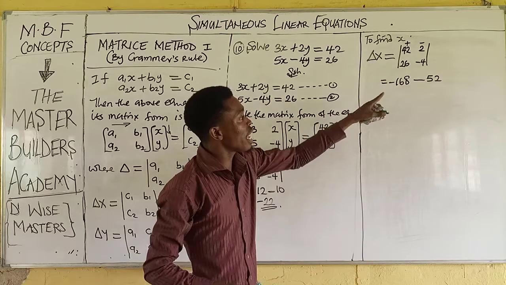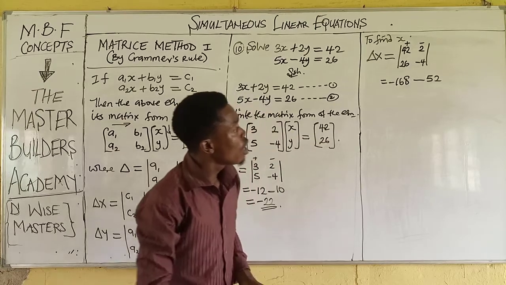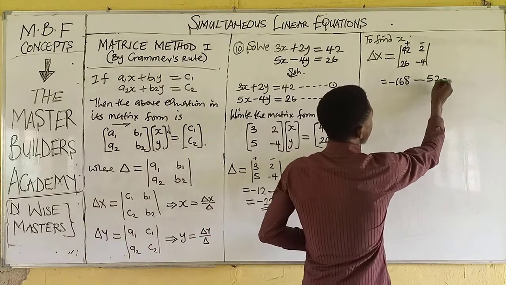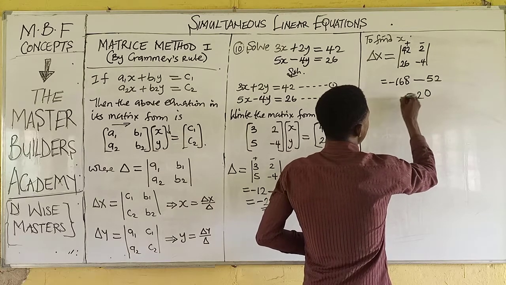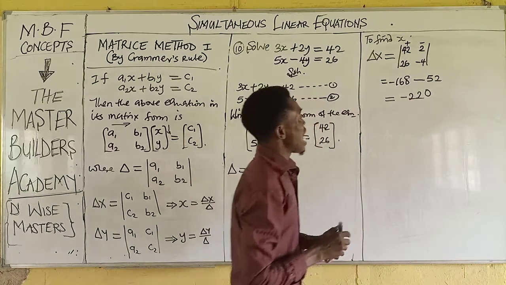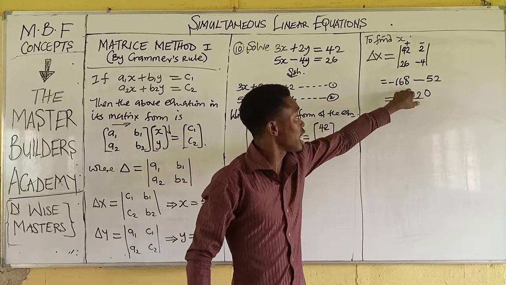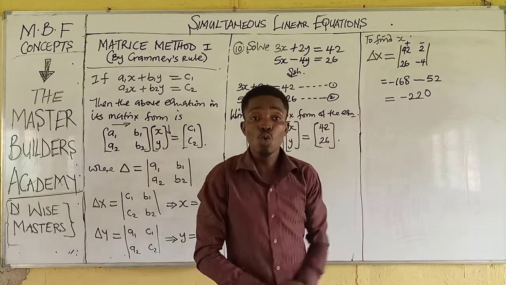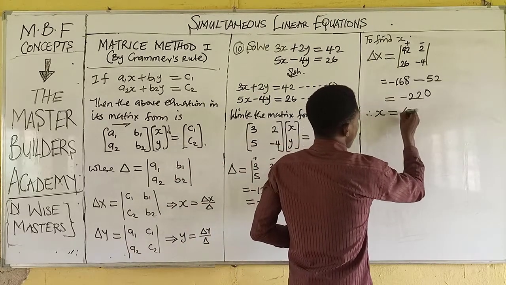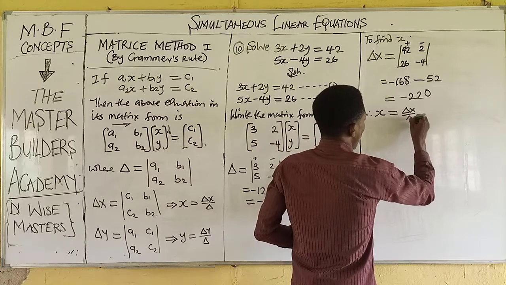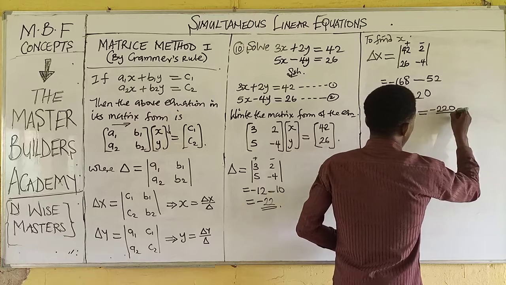Now, 168 minus 52 would have given us 220. That's it. So the answer to this is minus 220. Finally here, therefore, x is equal to the determinant with respect to x over the overall determinant. And this is minus 220 all over what?